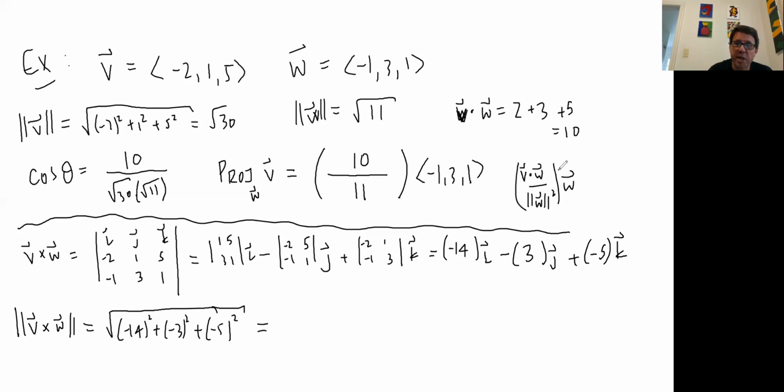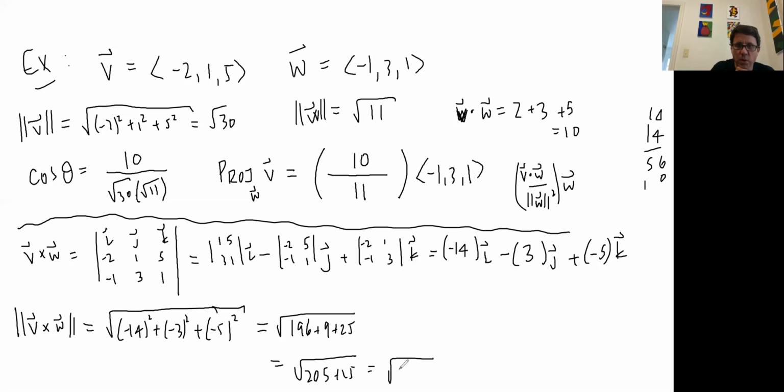Go back to the multiplication tables. 14 times 14, 4 by 4, 6, 5, 0, 196, right? So it's 196 plus 9 plus 25. So that's 205 plus 25. So square root of 230.